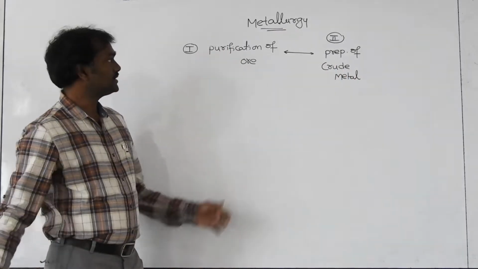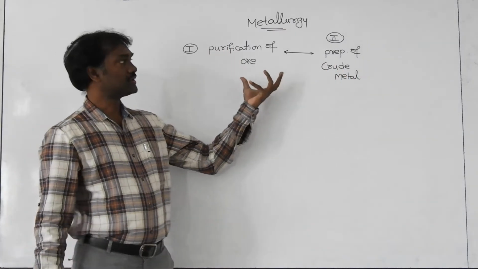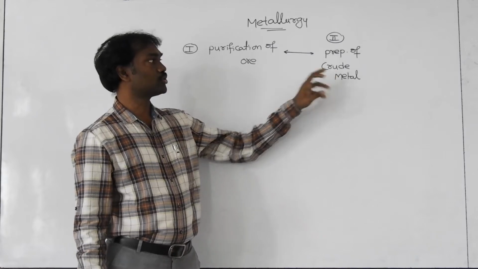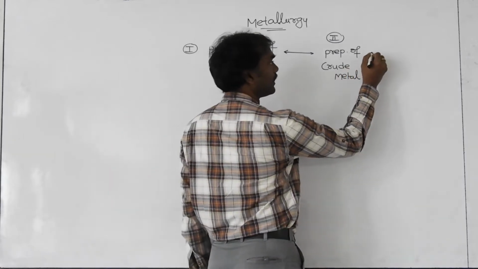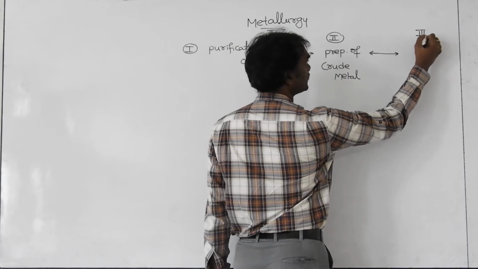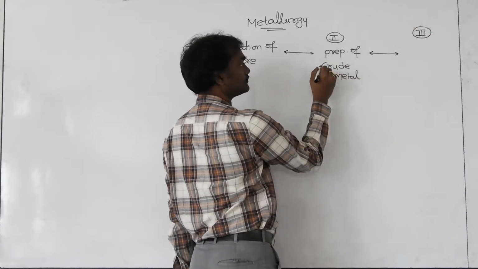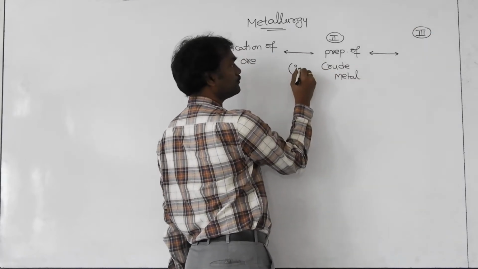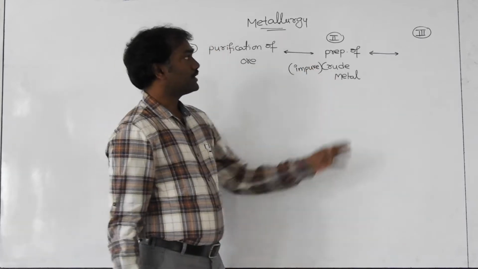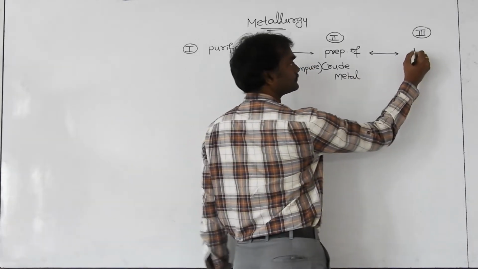So the first one is purification of ore. Second, after the ore is purified, we prepare crude metal. Crude is nothing but impure metal.